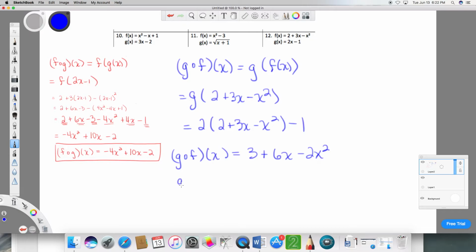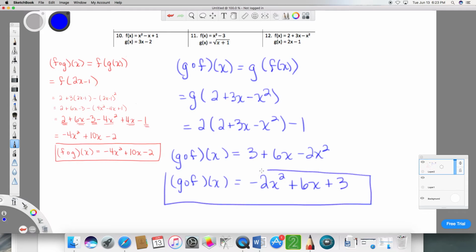But if we write that in standard form, I don't have to, but I just like to. Negative 2x squared plus 6x plus 3.